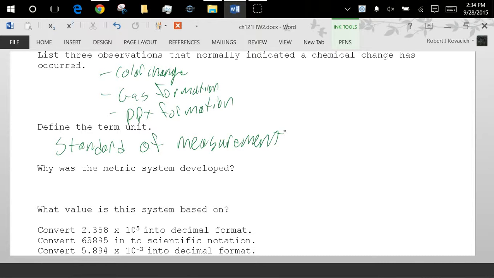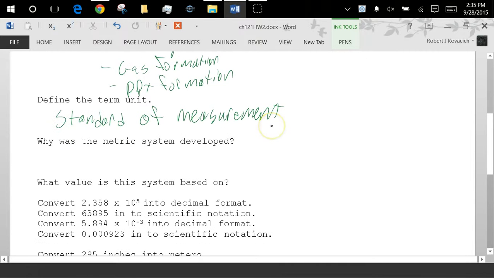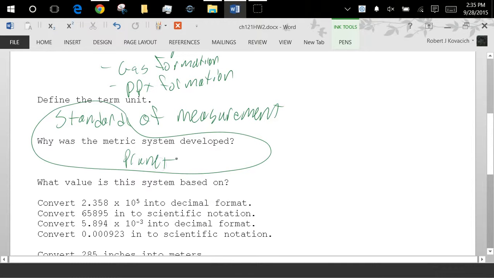Everybody uses the same thing. Everybody knows what everybody's talking about, right? Yeah. Okay. Development of the metric system. Kings have different size feet. Because we wanted it to be standard for the whole planet. Planet standardization.